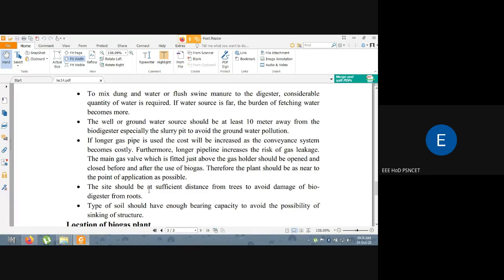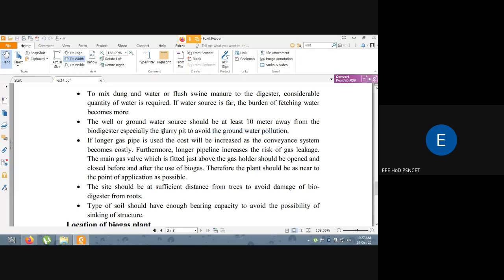So we can take it from a bore, or else we can dig a huge well. From that well we can extract the water. Okay, then that well or groundwater source should be at least 10 meters away from the biodigester. Okay, especially the slurry pit, to avoid groundwater pollution.